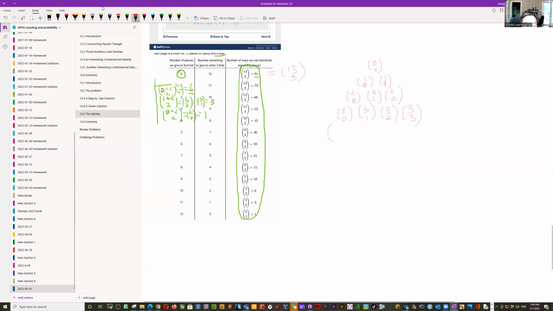And this is 4 choose 0, 4 choose 1, 4 choose 2, 4 choose 3, 4 choose 4, and 5 choose 0, 5 choose 1, 5 choose 2, 5 choose 3, 5 choose 4, 5 choose 5. And so on and so on. I'm not going to draw the whole picture, but I just want to help you understand why this is true and how it looks.